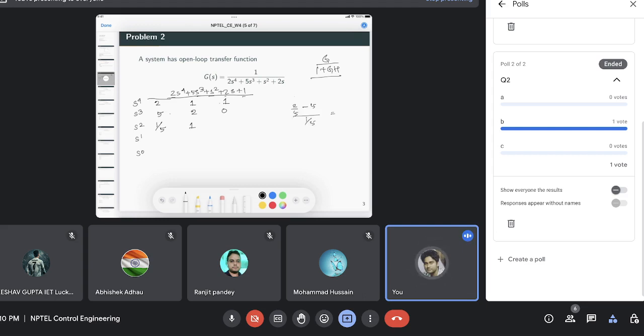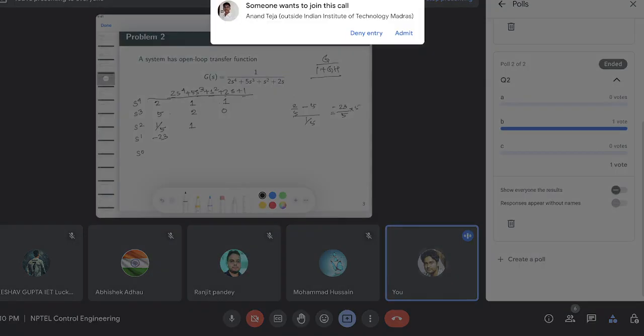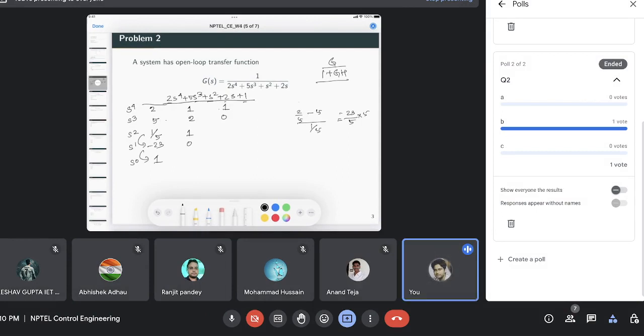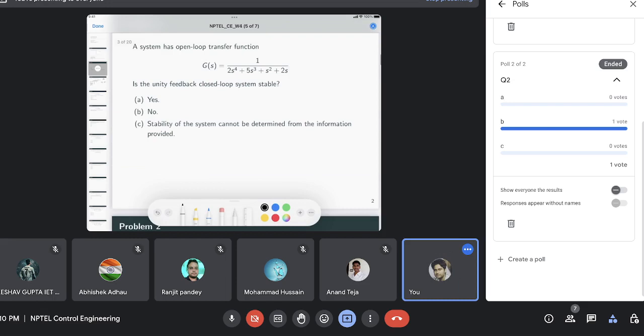It is minus 23 by 5. And the last one is simply 1, because this is 0 and 1. So you see that there are two sign changes there. So the system is not stable, and so the feedback system is not stable, right?